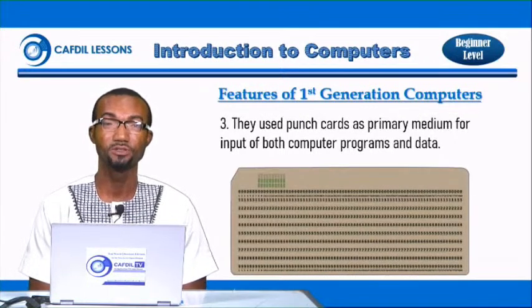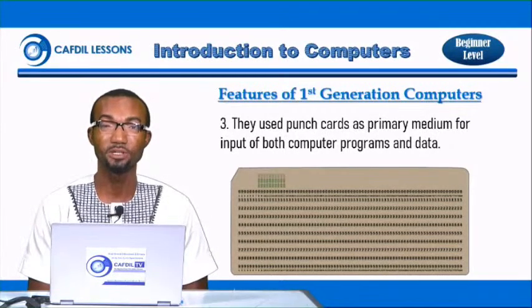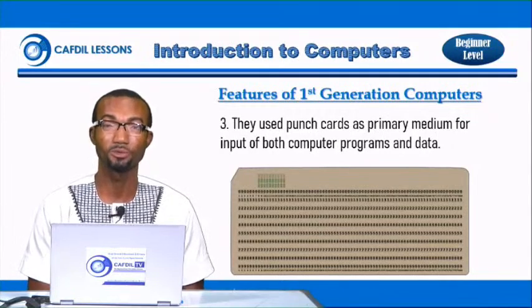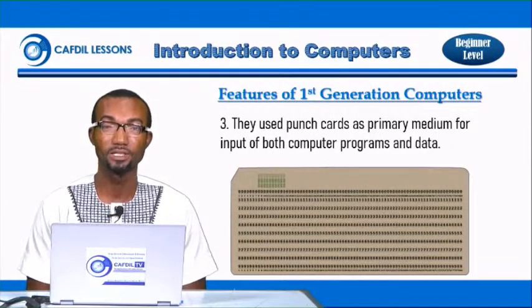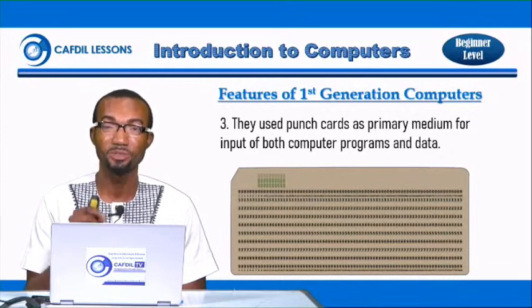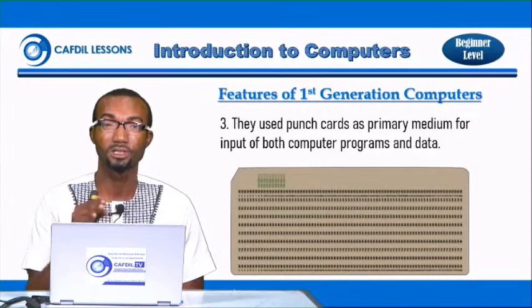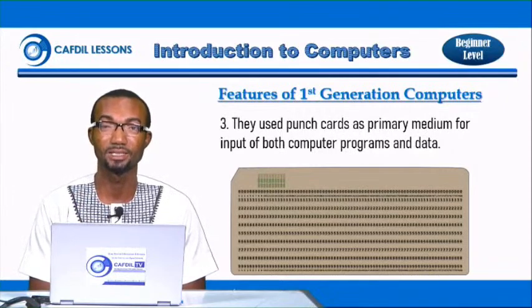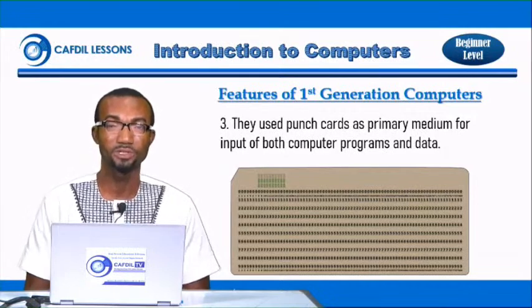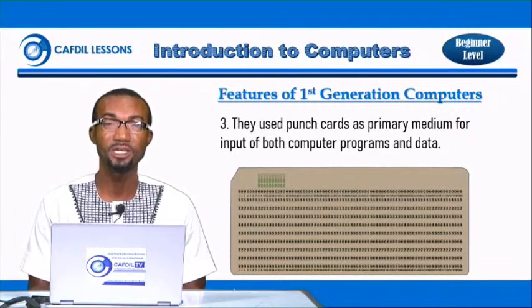Three, they used punch cards as the primary medium for input of both computer programs and data. When we were defining computer, or when we treated the parts of the computer, you saw the keyboard as the main input device for that computer.